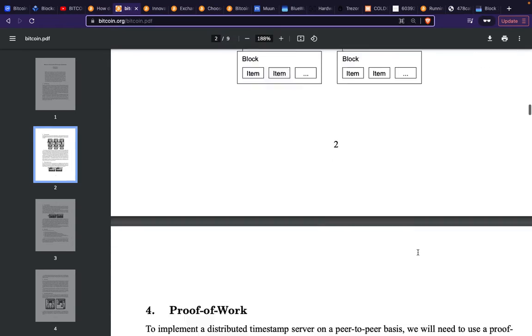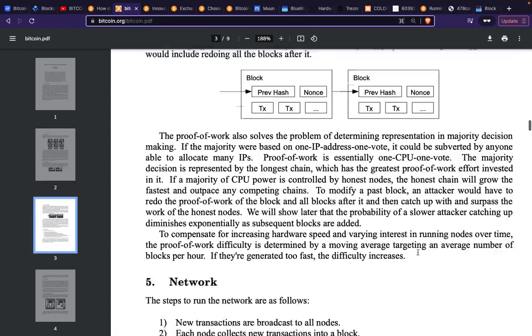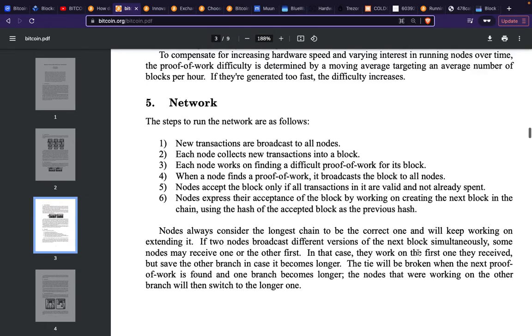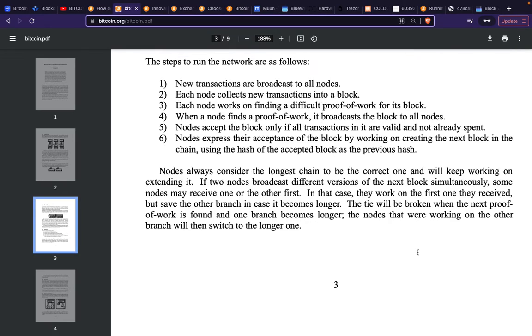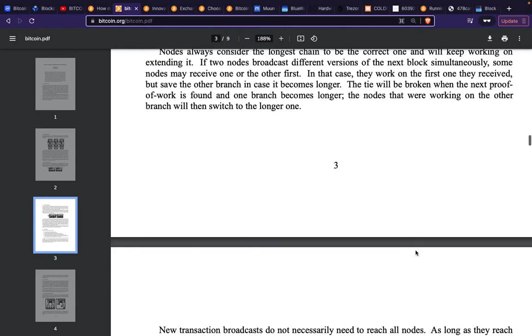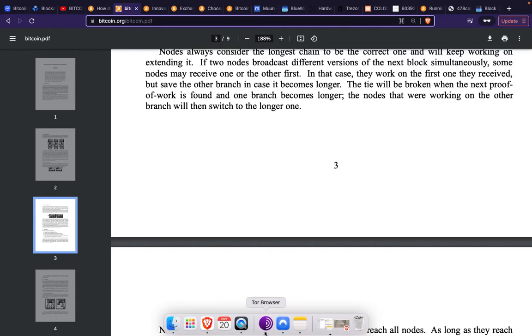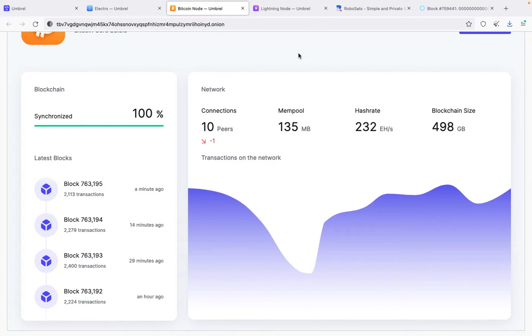So this is basically that, and then nodes always consider the longest chain to be the correct one, and will keep working on extending it, right? Just like this node over here is doing.